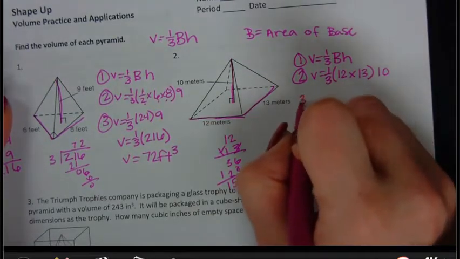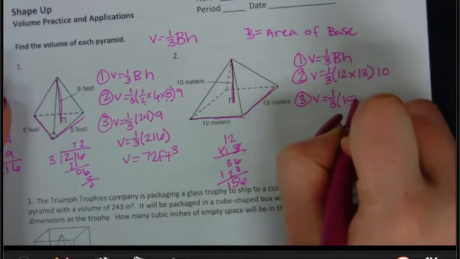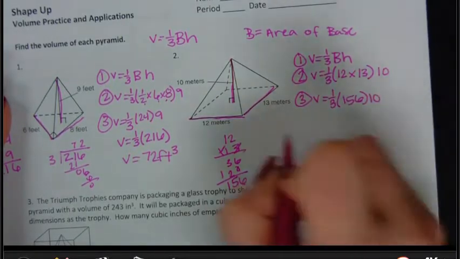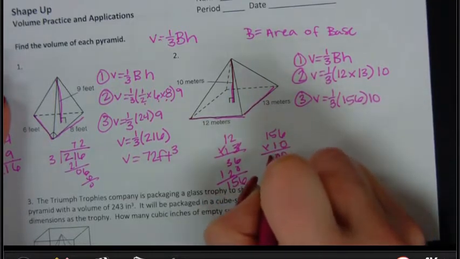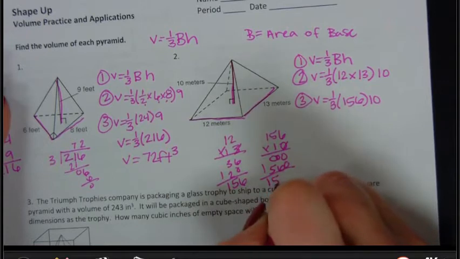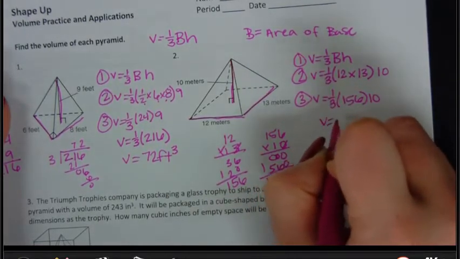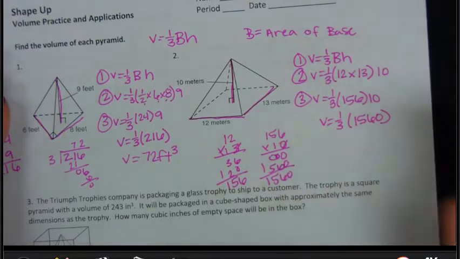Okay, so third step is to solve. So volume is equal to 1/3 times 156 times 10. So 156 times 10 is 1560. Volume is equal to 1/3 times 1560.